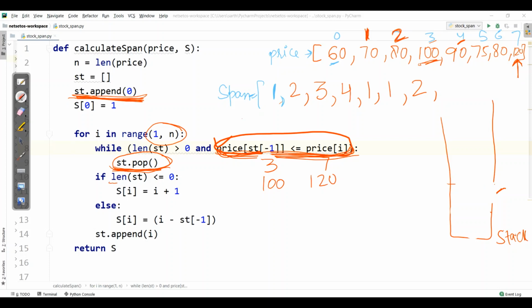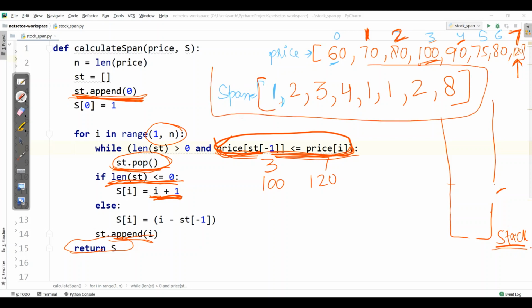Then it will check whether length of the stack is 0. As we don't have any value in the stack, we will have the current index, which is 7 plus 1 in our span. So here we will have span as 8. And then the span will be returned as this value.